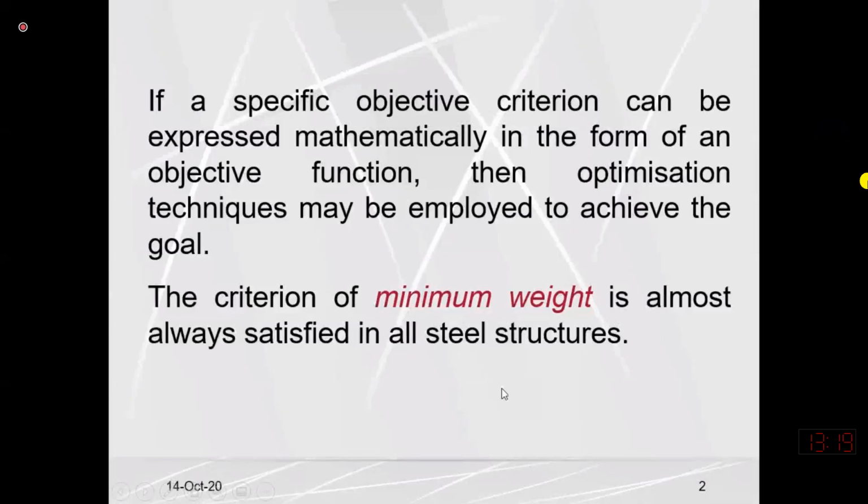So in most cases, the criterion of minimum weight is almost always satisfied in our structure. For example, if we require a cross section, maybe an I section or channel section, with an area of 100 millimeter square, and in the market we have different options, maybe one option is 125 millimeter square and another is 150 millimeter square, we will select the 125 millimeter option because that is the lightest available option which is more than our requirement.